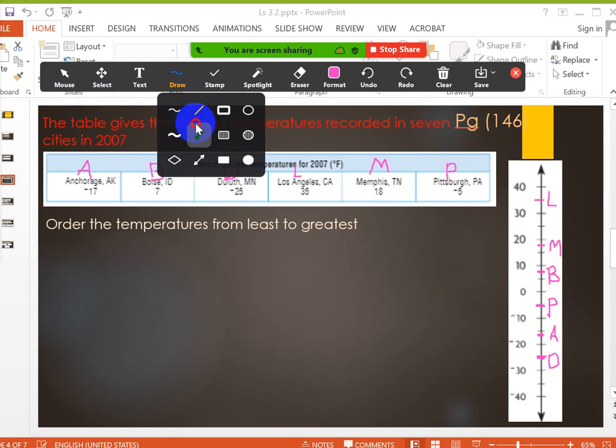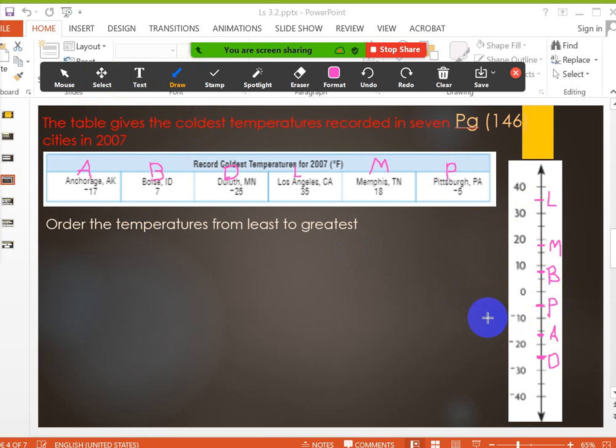Now girls, when I have the vertical number line, the strategy tells me that when the numbers go up on the number line, that means the numbers become greater.